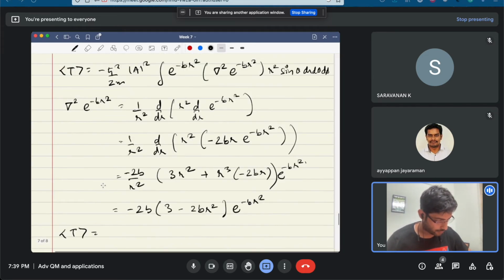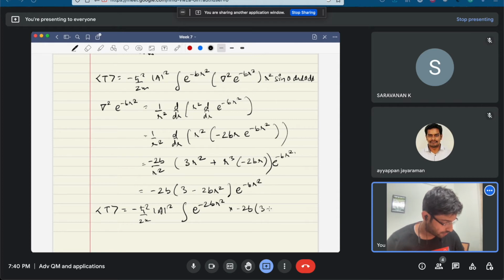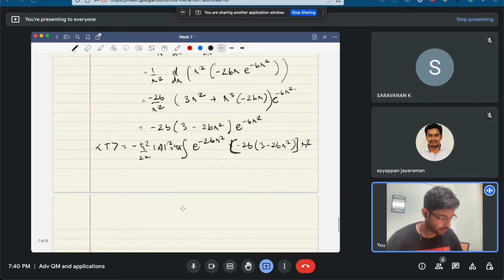So what we have here is, minus h square by 2m mod a square, we get e to the power minus 2br square, minus 2b is 2br square, and r square, we can take the 4 pi out since there is no separate dependence on theta and phi.